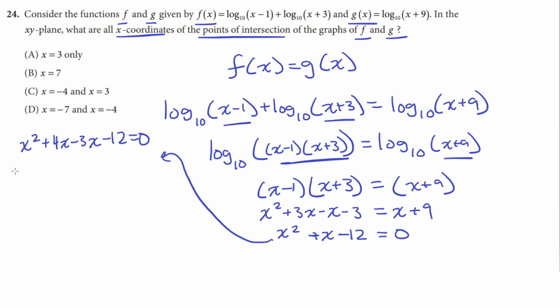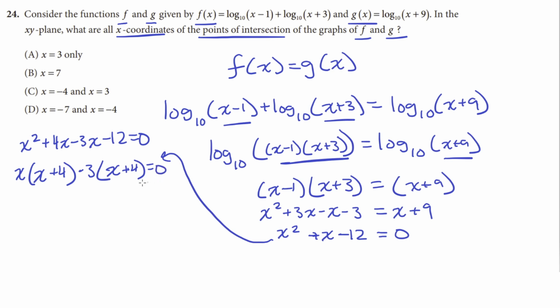So let's factor out the x from the first two terms. We'll take an x out of x squared, so we'll have an x left over, and an x from 4x, so we'll be left with 4. Then we can factor out a negative 3 from the second two terms, so we'll have an x left over in the first term, and a positive 4 in the second term.